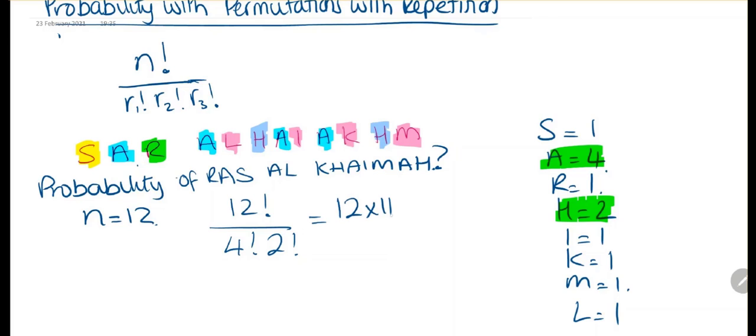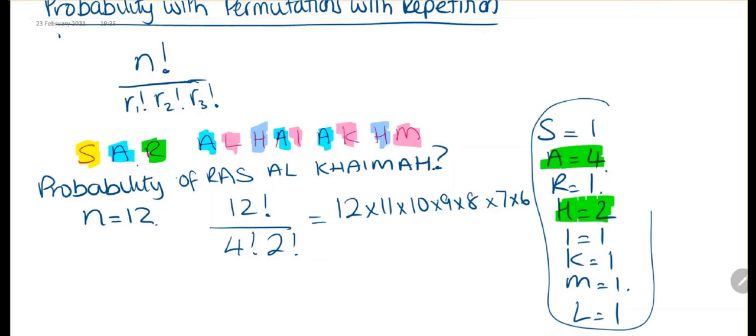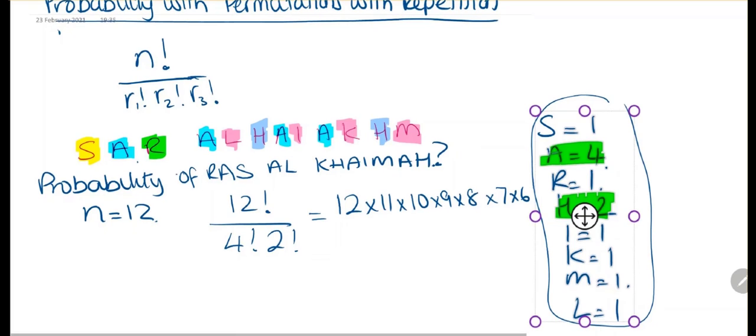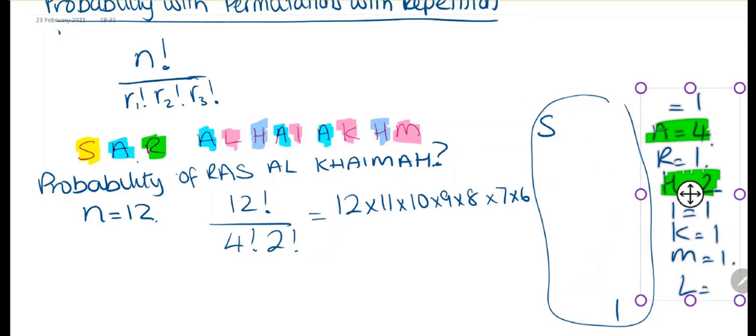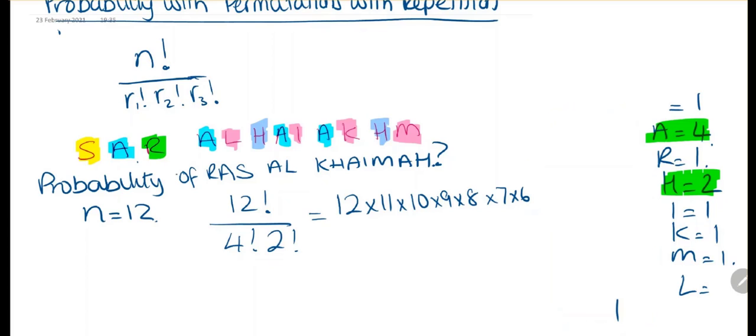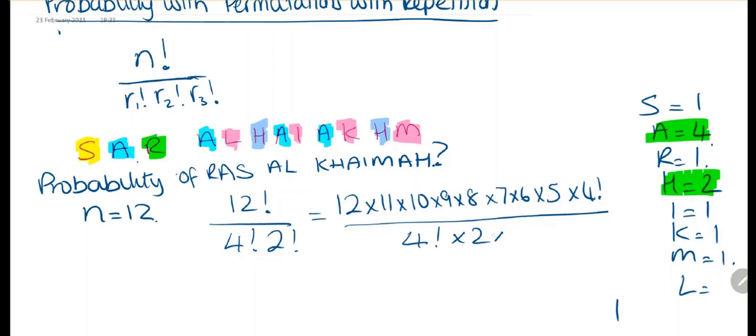12 times 11 times 10 times 9 times 8 times 7 times 6 times 5 times 4 factorial, over 4 factorial times 2 times 1.